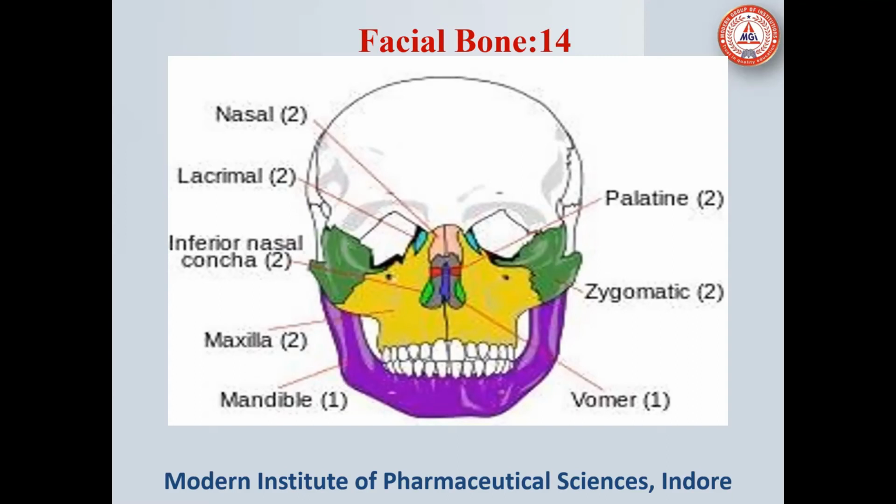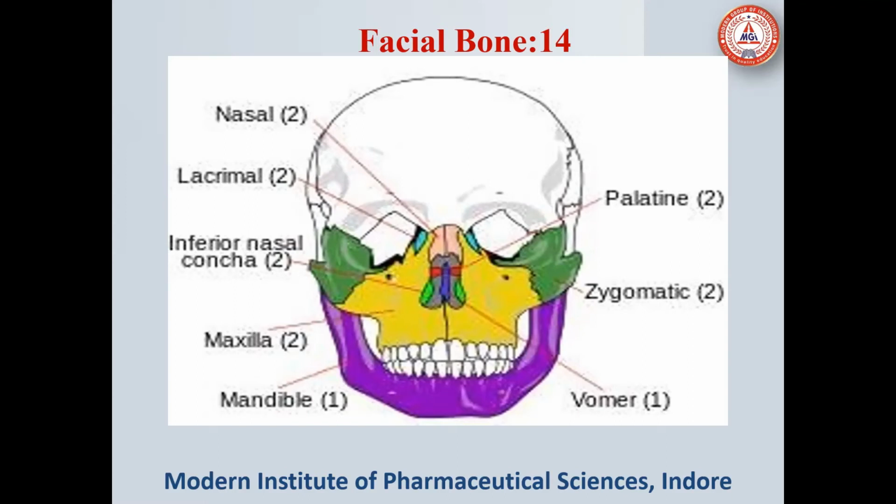The next bone is the nasal bone. There are two small flat bones that form the greater part of the lateral and superior surface of the bridge of the nose. The next bone is the lacrimal bone.